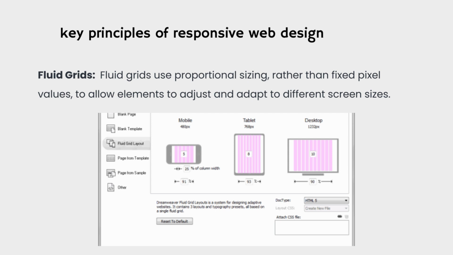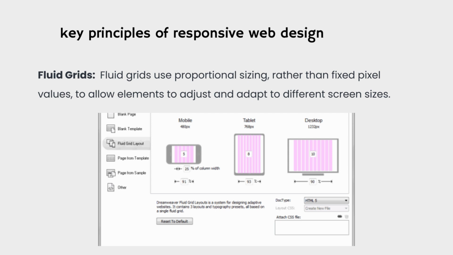And if you have a device that has a screen size that is way smaller than your pixel value, then guess what? Your grid becomes extremely large and doesn't fit the screen. So what we want to be doing when working on responsive web designs for our Shopify stores, e-commerce stores, is to use fluid grids.